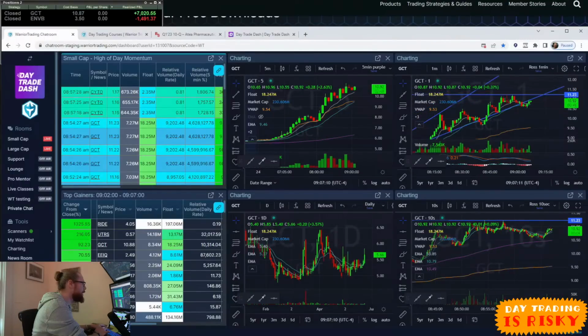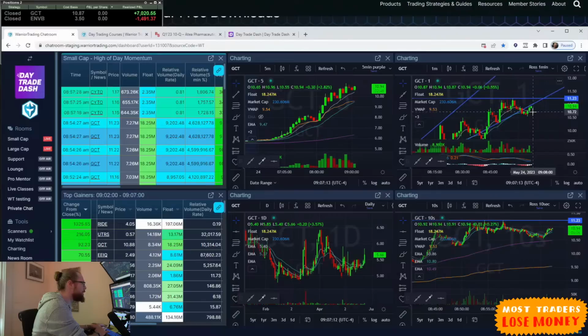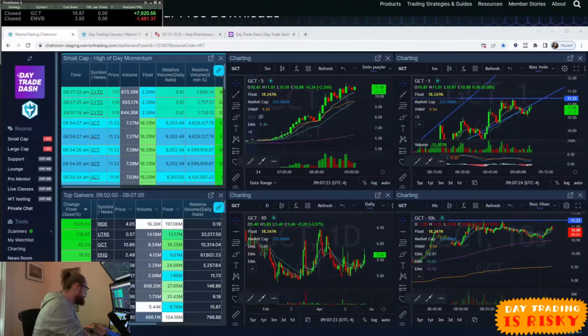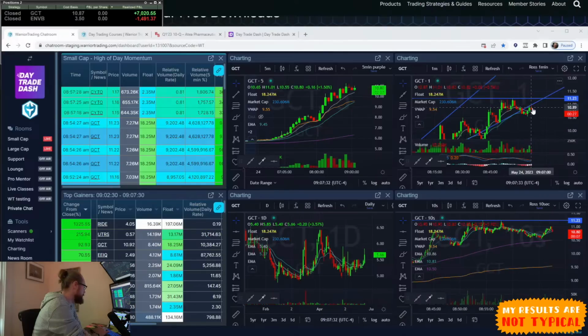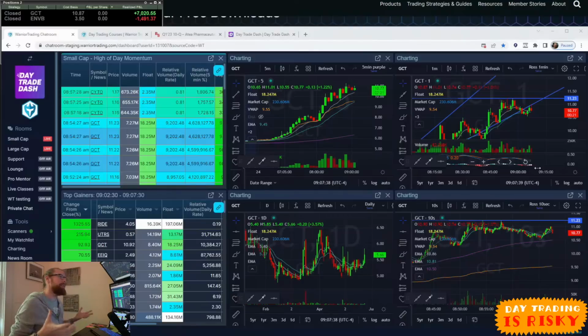So we are coming a little bit closer to the open. 1123 is the pre-market high. There's a seller at 11 right there. A little bit of resistance. I think GCT is the obvious stock this morning, and that's something that's always important to be asking. Which one's obvious?